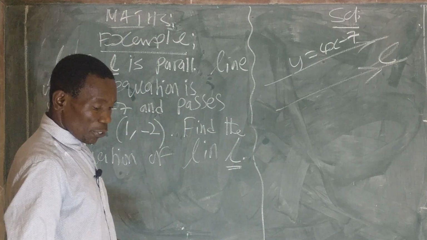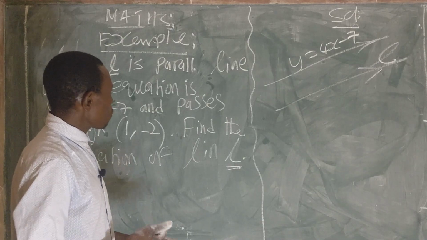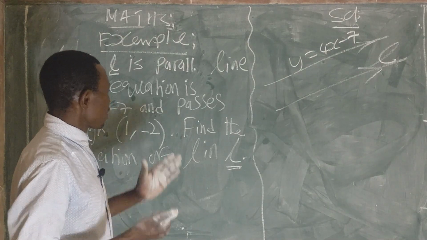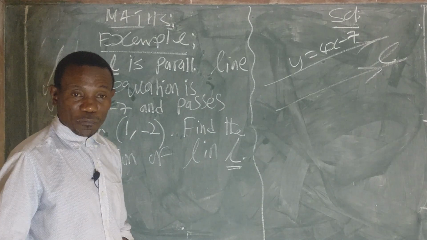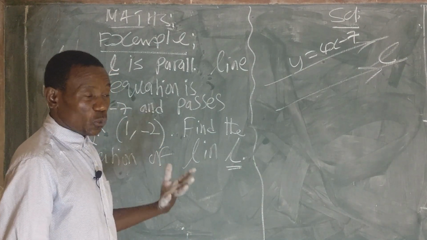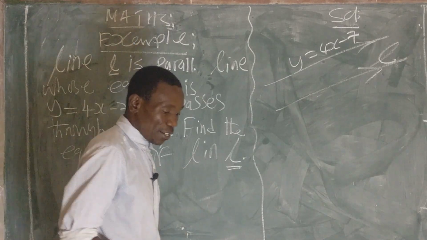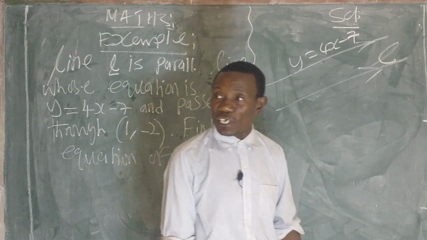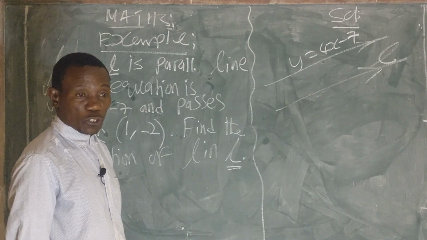As a student, you can work by any one of the two methods that we have discussed in the past on how to find the equation of the line. Use the link to revise the previous videos.